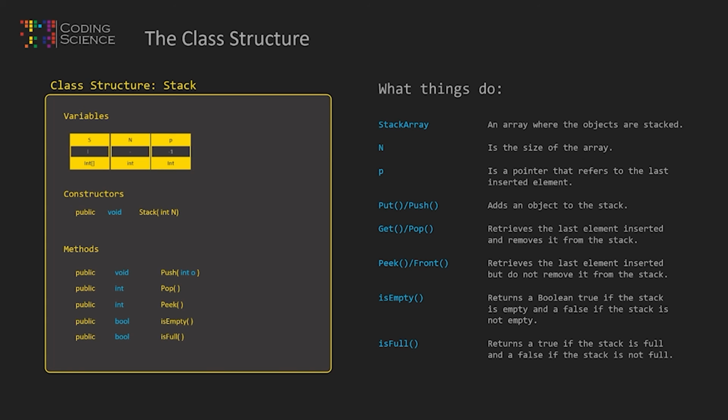If there is no more space, it will give you a true, so a 1. But if the stack is not full, if you still have at least one place available, one box that is empty, then it will return a false Boolean value, also 0. And this one will also be public.